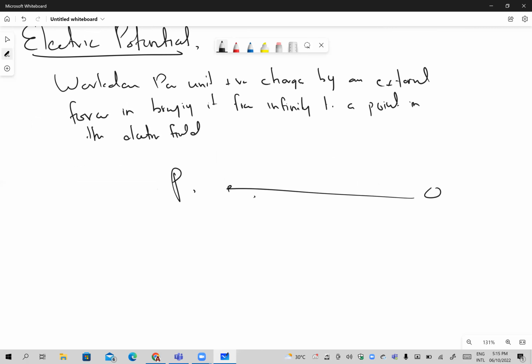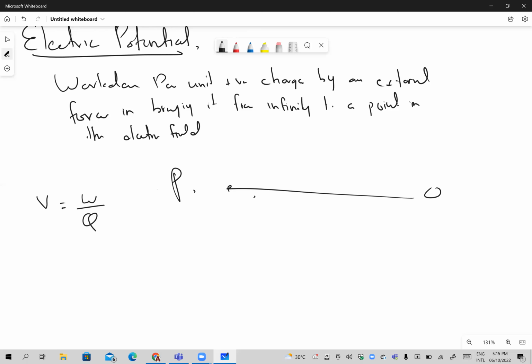This is point B. So in order to bring a charge from infinity to any point in space, the work done that the charge possesses will be the electric potential if you divide it by the positive charge. So V is the symbol for electric potential. It's W over Q, work done over charge.